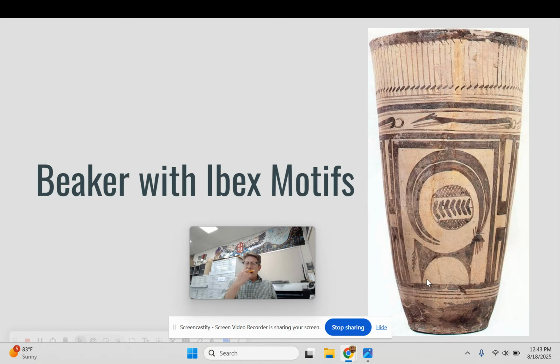At the bottom, we have the large register with the ibex motif and this small, maybe family insignia. It's important though because it's not just on one side of the beaker, it's on multiple sides. If we were to rotate this, we would see it repeated, and anything that's repeated is, of course, therefore important.